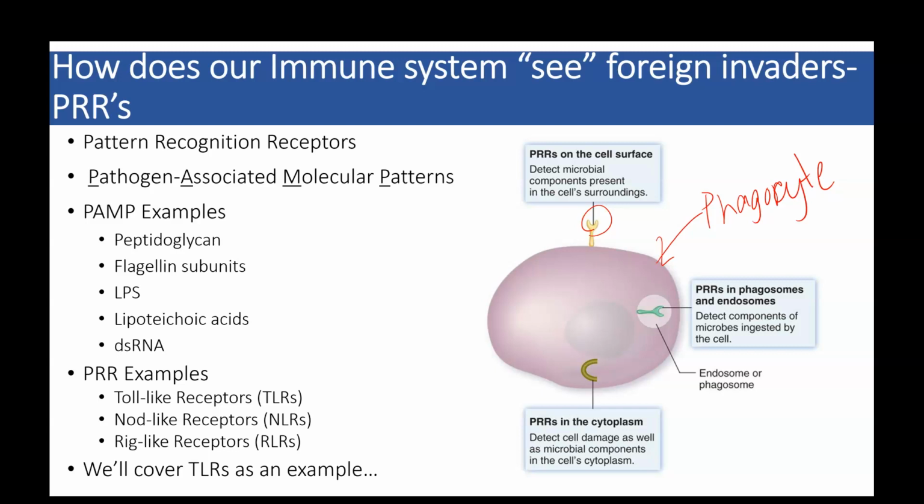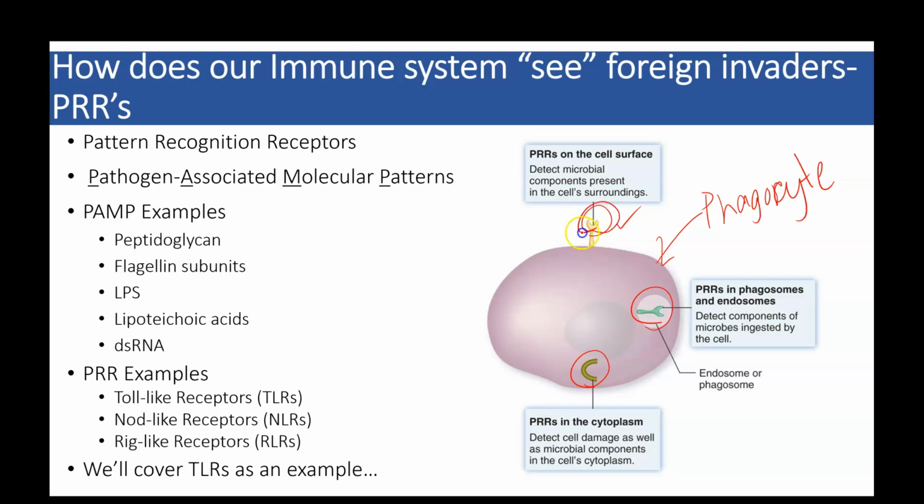So there's three different pathways that these pattern recognition receptors can take. Again, external, inside a phagosome, or internal. So only two of these have to do with PAMPs, though. If you had to guess which two are associated with pathogens, which would you guess?